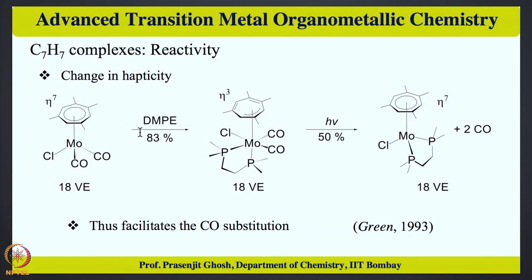periphery of the ring. Now, another example of change of hapticity is observed over here. This is also an elegant reactivity in which diversified chemistry is seen. So, this is a nice illustration in which the hapticity of the C7H7 ring changes.